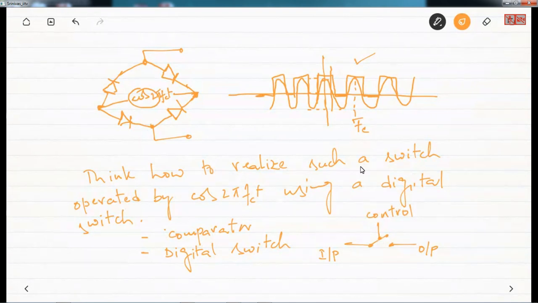If the control signal is 0 volts, the switch opens. And then using a comparator, a sinusoidal signal generator and a digital switch, you can realize an alternative way of generating this switch. This is the switch given in the textbook. That's fine, but you can also do this using digital components. That's what I'm trying to say.